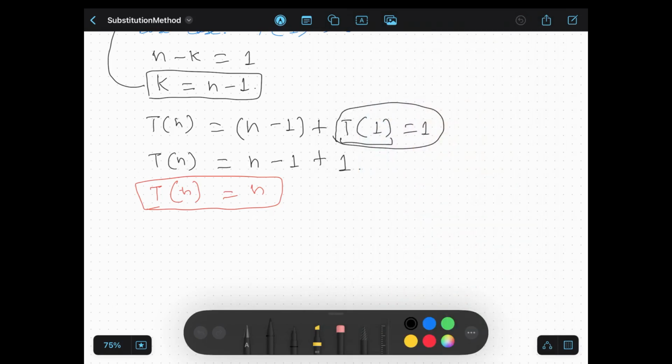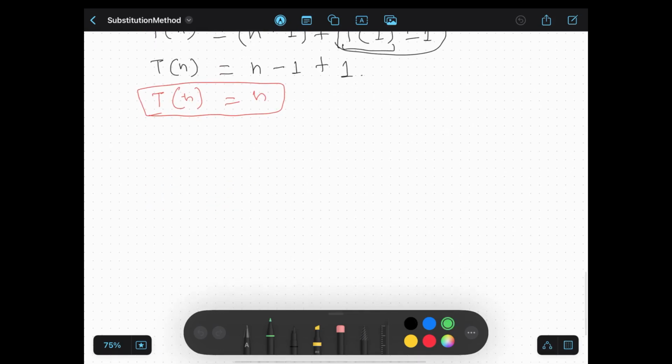Let's look at another example, which will be a little more tougher to solve compared to the recurrence for linear search. So the example 2 is for merge sort. And the recurrence looks something like this, which I think you must be familiar with.